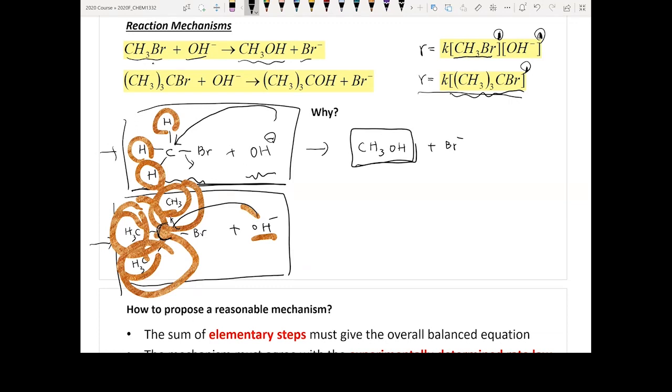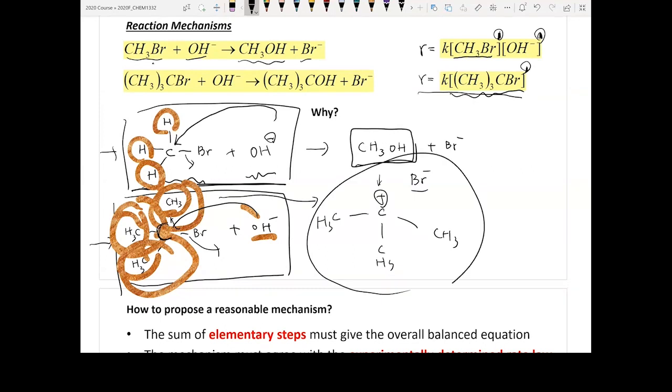So later on, what scientists realized is that this molecule needs to first undergo a dissociation itself to form this, so that the carbon is more open. Because now the bromide leaves, it gives you more space for the OH to attack. And in this step, the dissociation to create this species is the rate determining step.